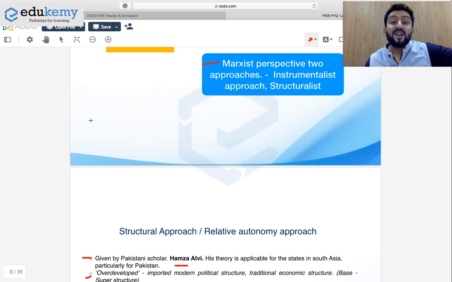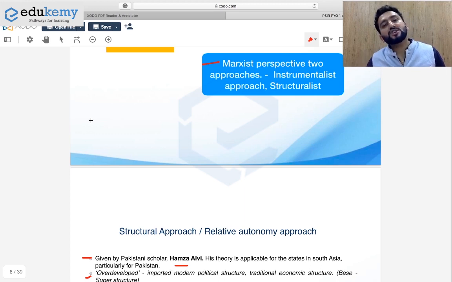These were adopted from the British. Some of these setups were established by the British for their own benefit. So these institutions were imported, and so they were modernized. But when it comes to the economic structure, we were majorly dependent on agriculture, and feudalism was there, meaning big landlords having influence in their area in all possible matters.